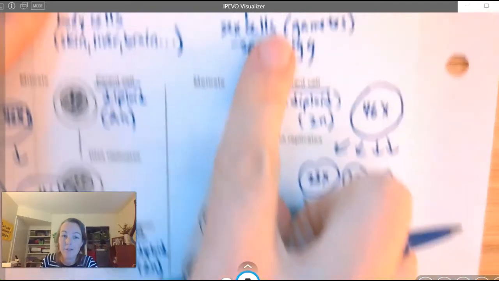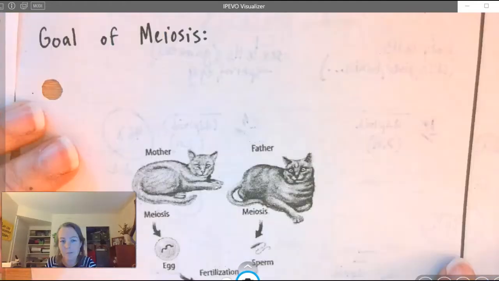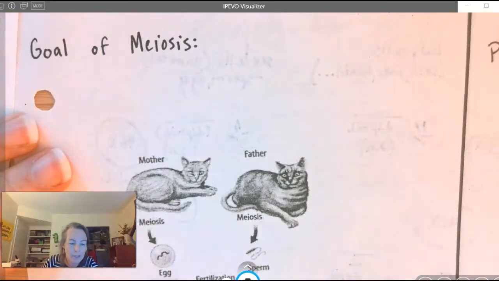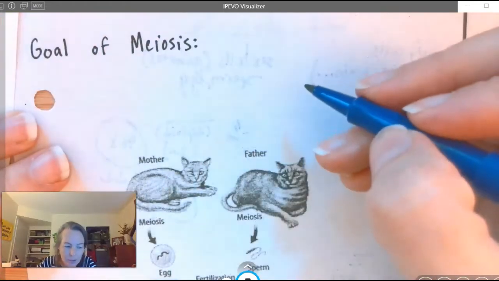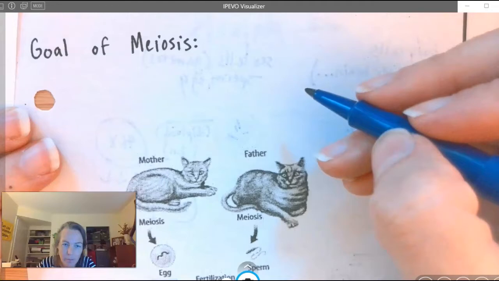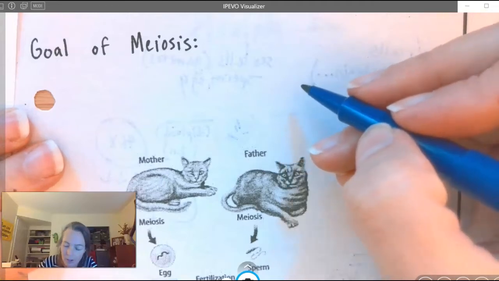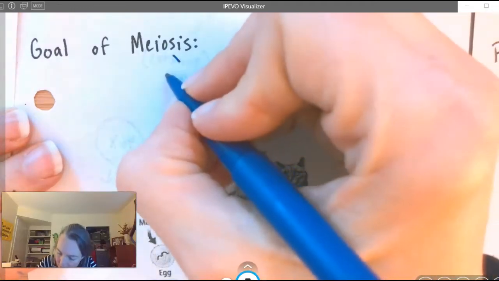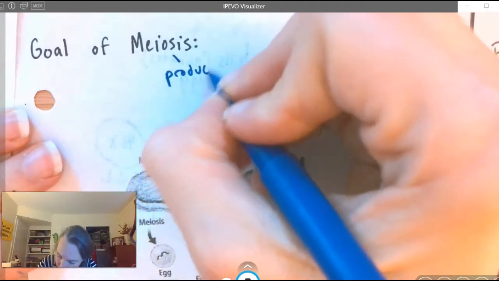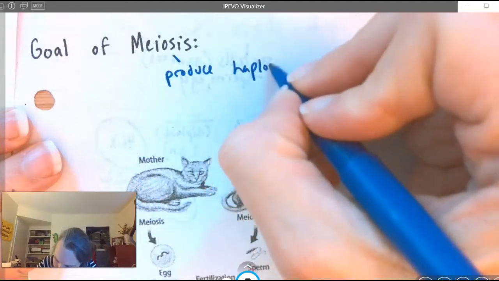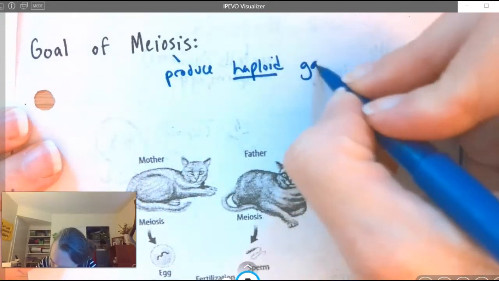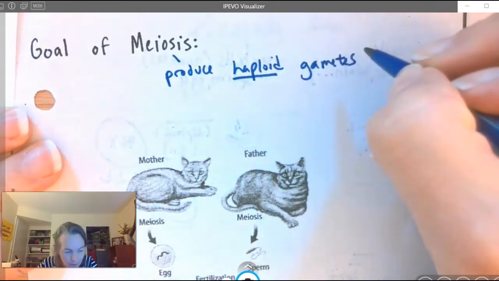So let's look at the goal of meiosis. The goal of meiosis is it's used to prepare for sexual reproduction. So the goal of meiosis is to produce haploid gametes. Okay.